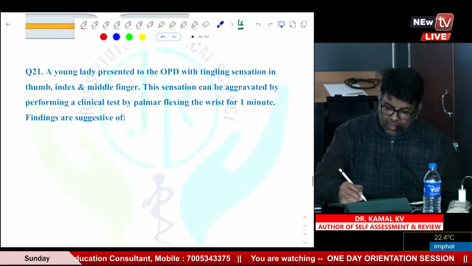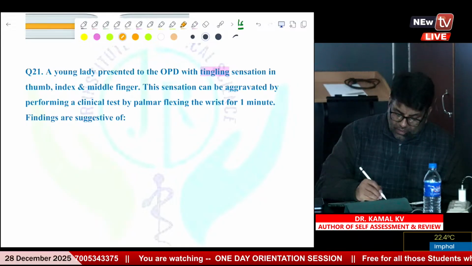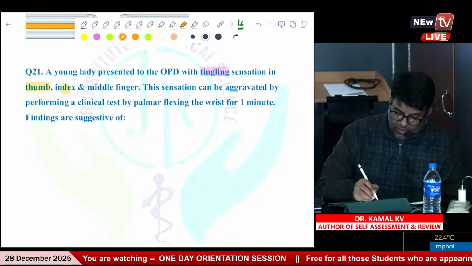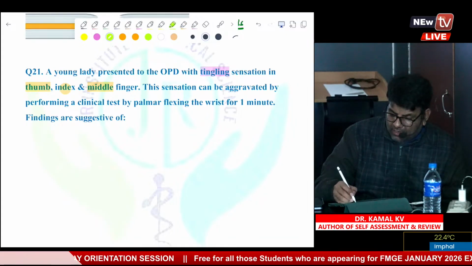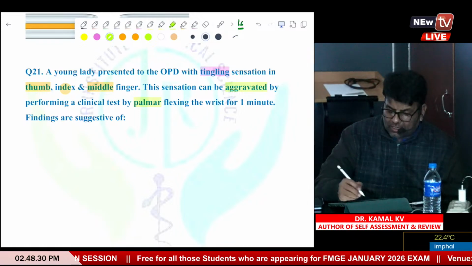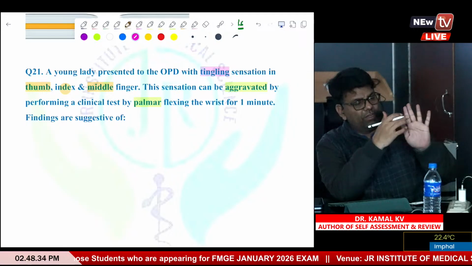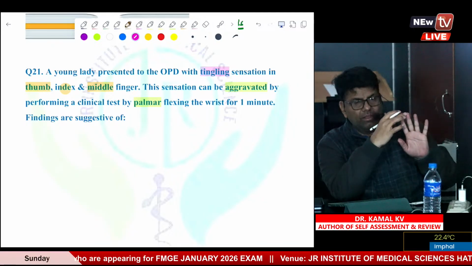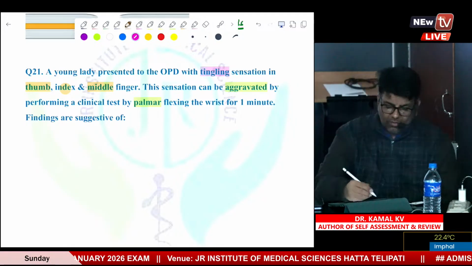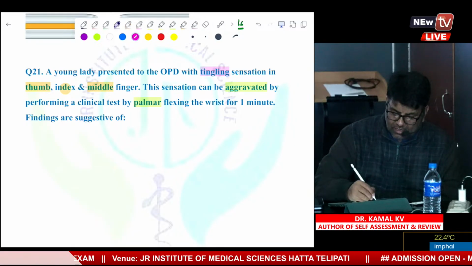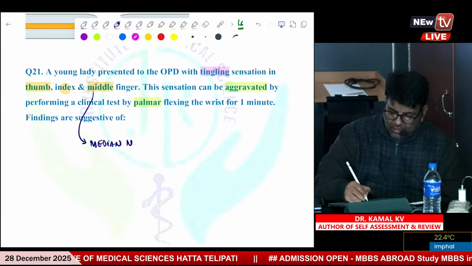Then a lady presented with tingling sensations in the thumb, index finger and middle finger. This problem can be aggravated by palmar flexing the wrist for 1 minute. What is your diagnosis? The moment you have these three fingers involvement, thumb, index finger, middle finger and half of the ring finger, 3.5 lateral, which nerve territory is this? Median nerve. Very good. So this is median nerve territory.